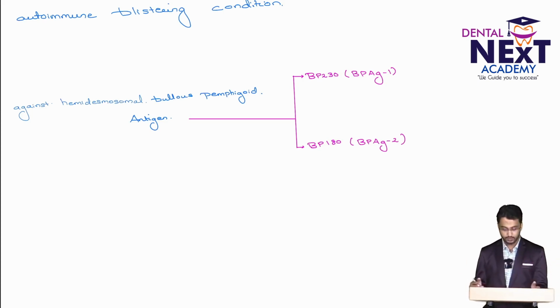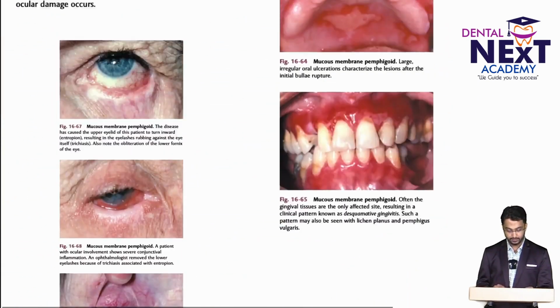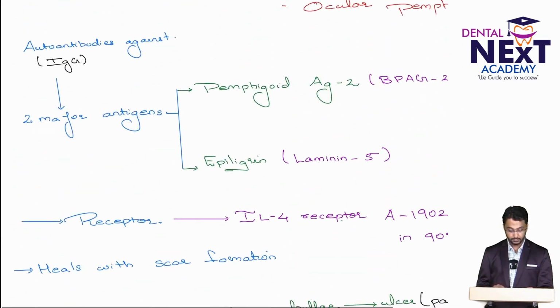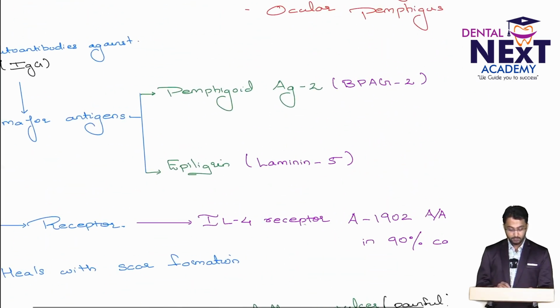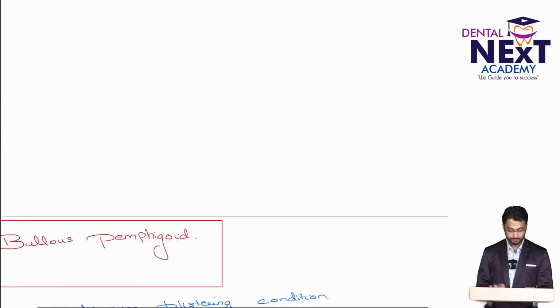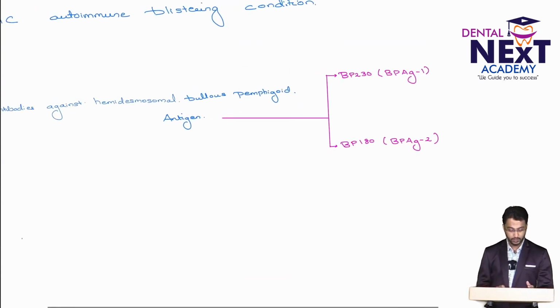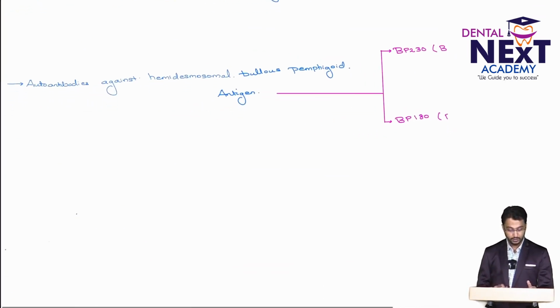Your textbook Shafer says both are BPAG2. Anyway, just know the names. Mucous membrane pemphigoid has pemphigoid antigen 2 and epiligrin laminin 5, while here it is BP230 and BP180, AG1 and AG2. 230 and 180 are important.